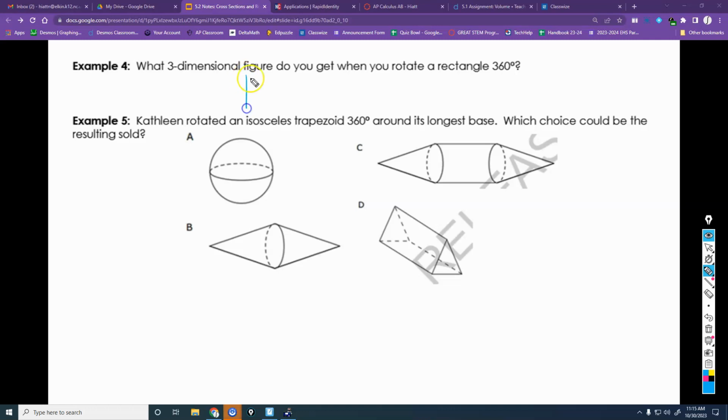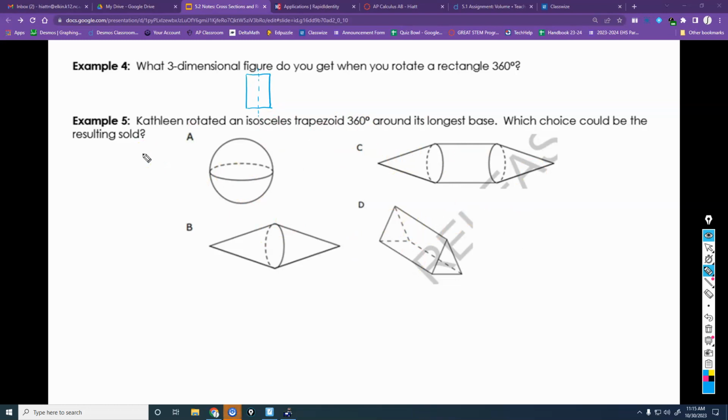If I have a rectangle right here, and I rotate it 360 degrees, really it could be around any line, but let's say we just take it and spin it around this line right here. What shape do we get? And this is a second question, so these are not your answer choices.